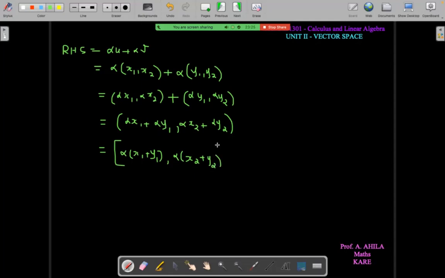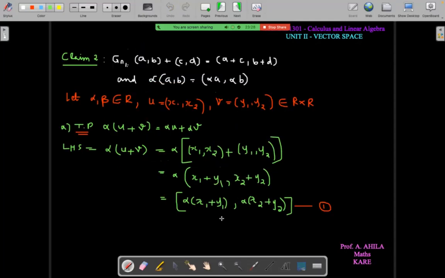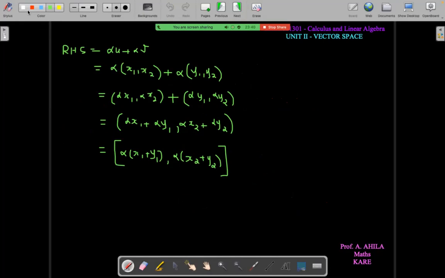Okay, now look back. Our left hand side result is also alpha into (x1 plus y1), alpha into (x2 plus y2), and now we are getting the right hand side answer also the same. So we consider this as equation 2. Therefore, from equations 1 and 2, it is true that the first condition alpha into (u plus v) equal to alpha u plus alpha v holds.